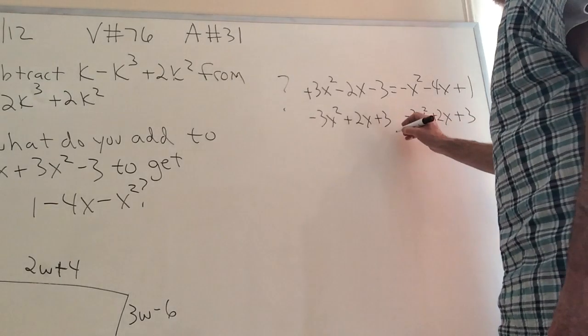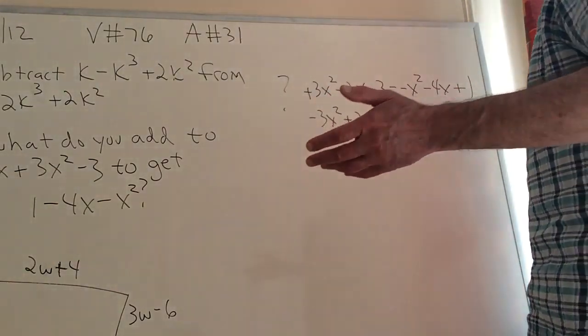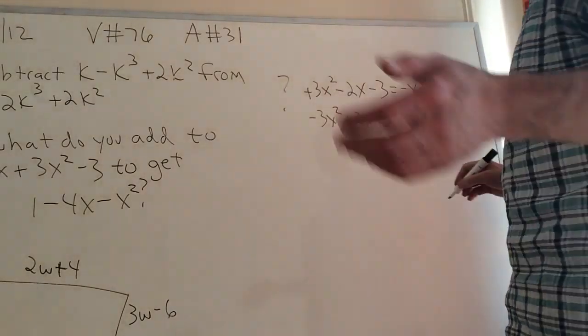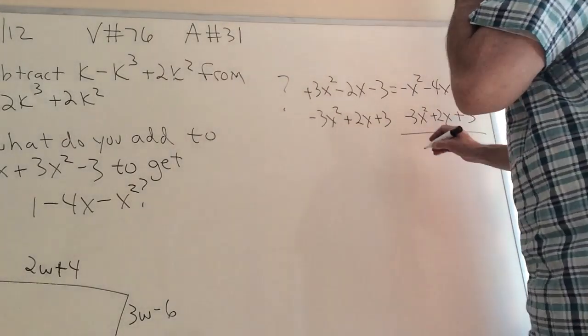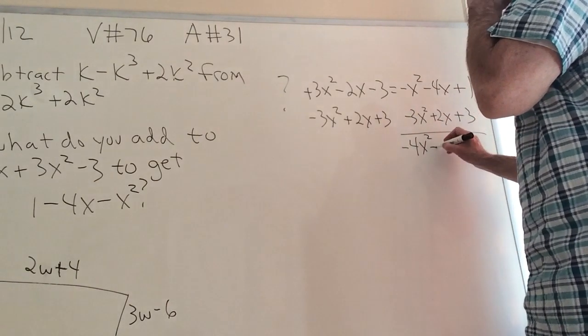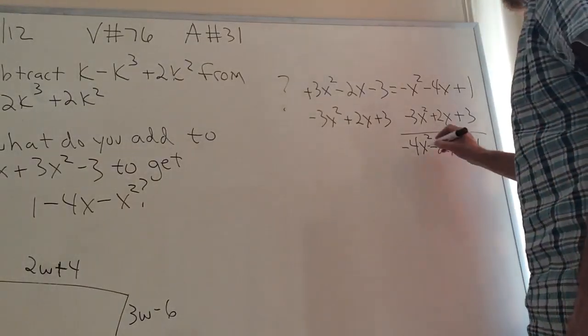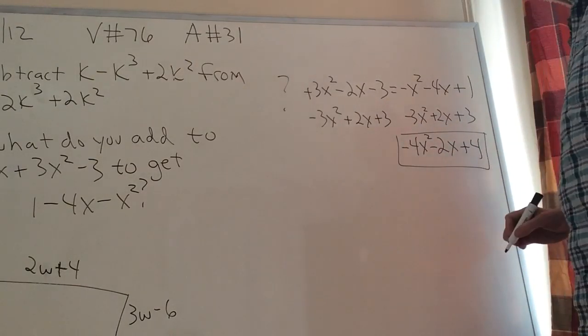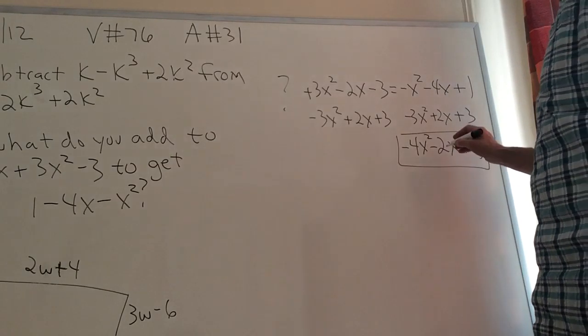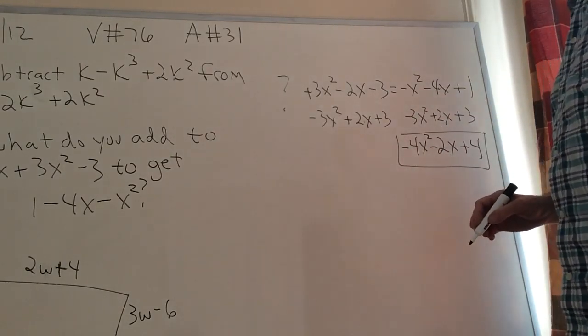Plus 3, and so you see that subtraction is just taking the opposite. It's not like you'd imagine with numbers, and n's and p's rule the roost here. And there we go with our missing answer. And you can check that easily on your own by adding this to get that, as I did the other day.